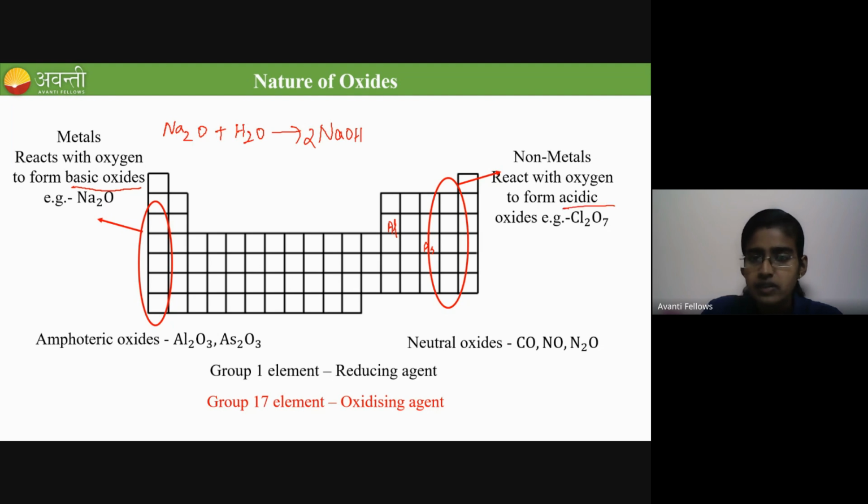Now Cl2O7 is called an acidic oxide because when I put this compound in water, it produces 2HClO4. HClO4 is an acid, perchloric acid, and sodium hydroxide is a base.